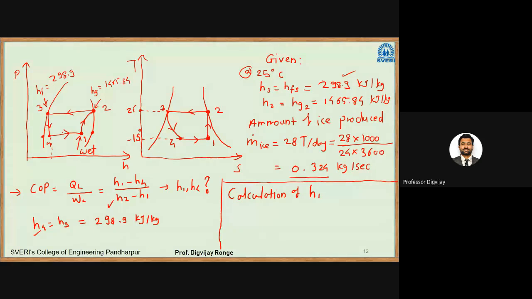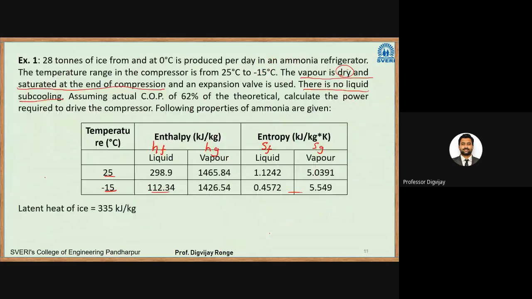H1 will be equal to HF1 plus dryness fraction into HFG1. HF1 is given: at minus 15 degrees Celsius, they have given the enthalpy of liquid. How much have they given in this case? It is 112.34.